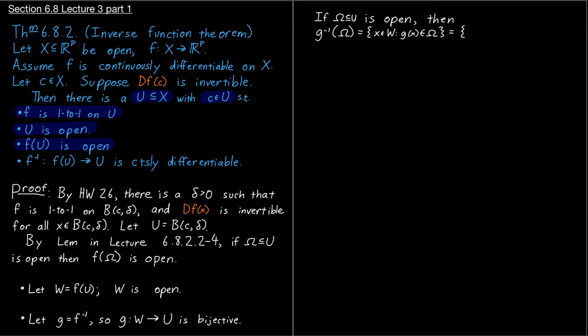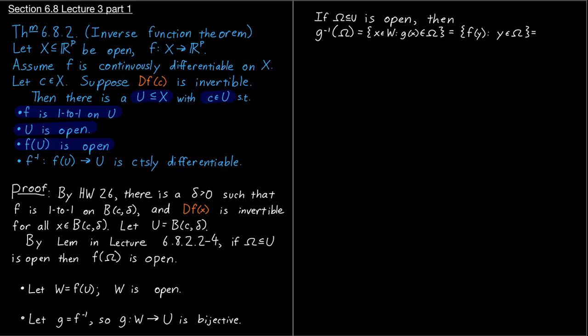But G of x is in omega. G of x, that is the set of all f of y such that y is in omega. If y is in omega, then y is in U, so y is G of x for some x in W, and therefore that x must be in G inverse of omega.